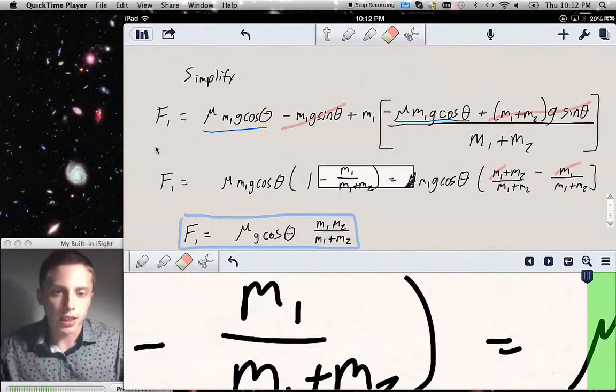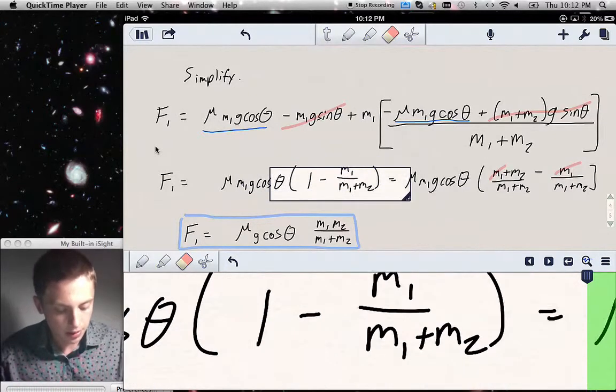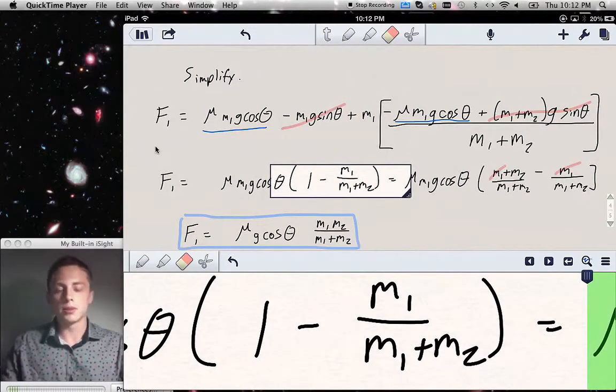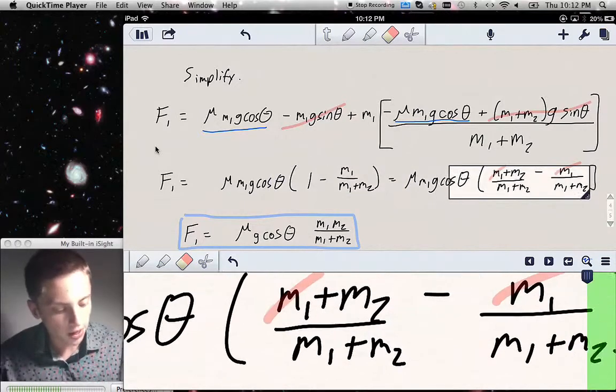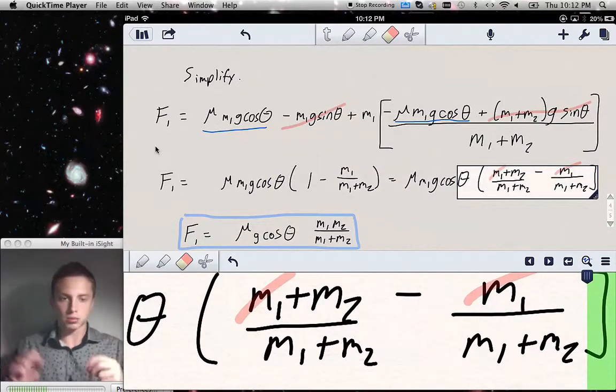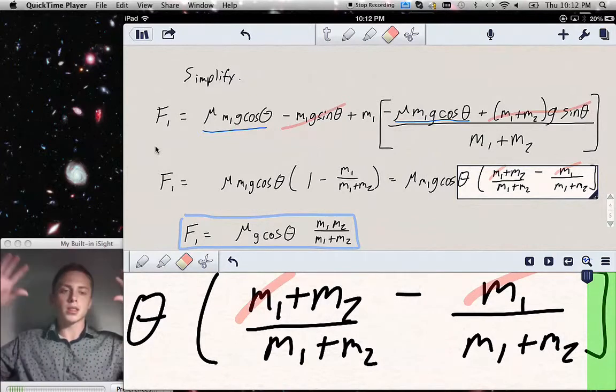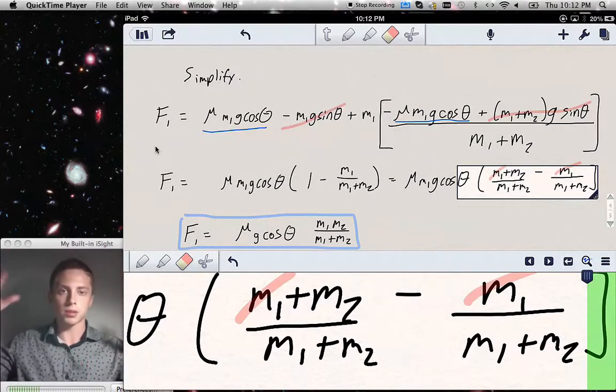Now I can simplify by adding these two numbers together, 1 and m1 over m1 plus m2. So I do that by finding a common denominator, which is m1 plus m2. I write 1 as m1 plus m2 divided by m1 plus m2.